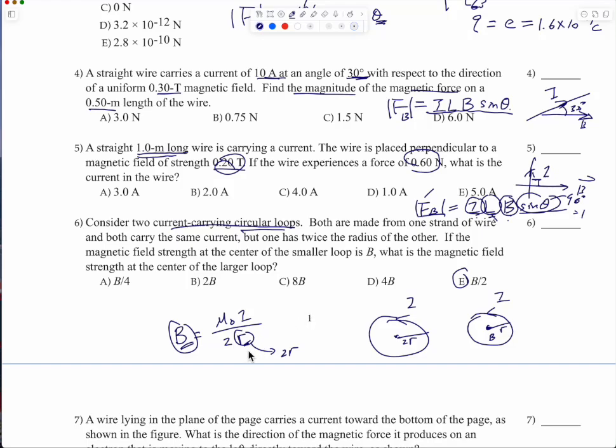So you increase the radius, you decrease the field. Increase the radius by 2, decrease the field by 2.